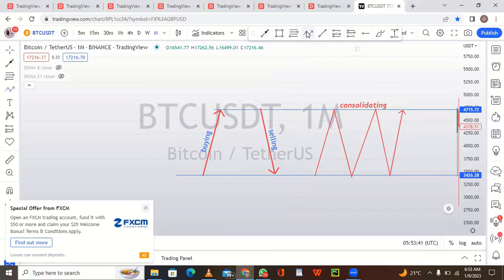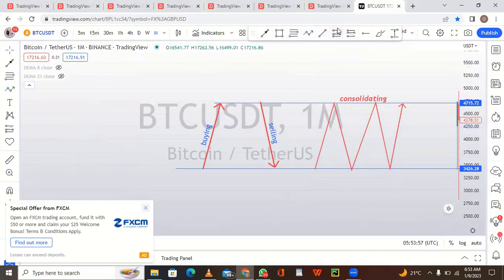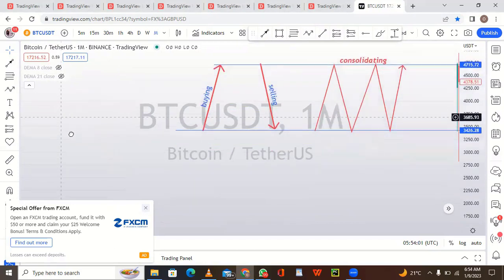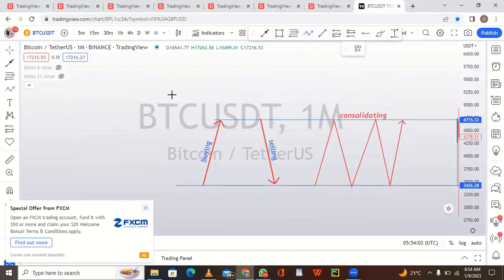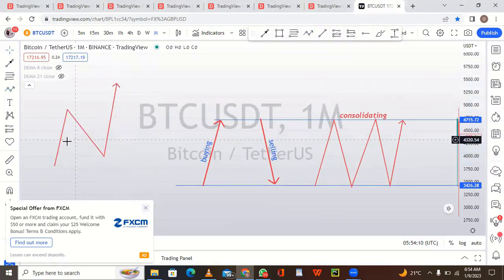Before that, I need to show you how a bullish market looks. You see something like this. Okay, you see the market with this behavior. So this is how a bullish market looks. The market starts from a point of a low.